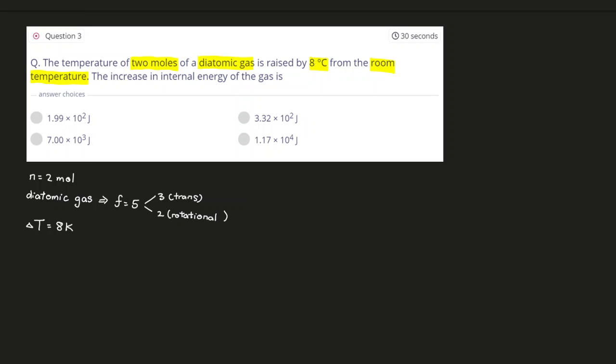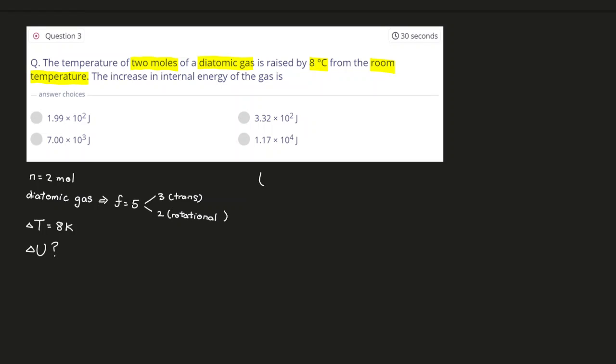Now they ask for the increase in internal energy of the gas, so they are finding change of U. What is it? Okay, so change of U, you might immediately think of chapter 14, change of U equals Q minus W, but that's not what we are looking for.